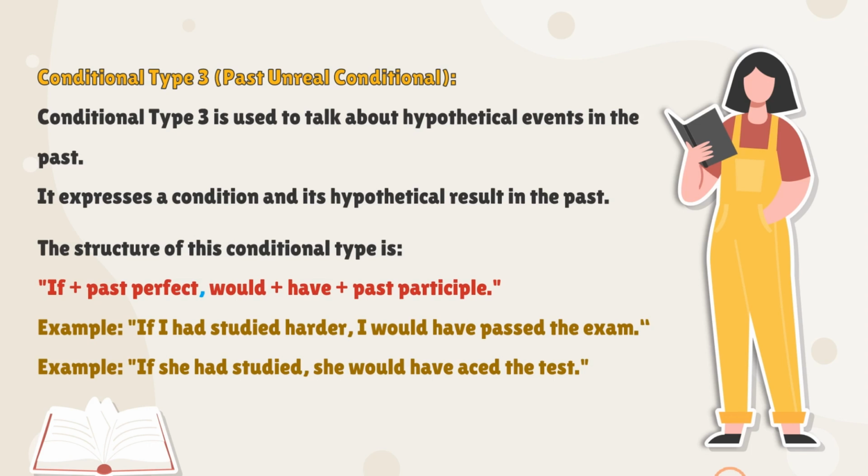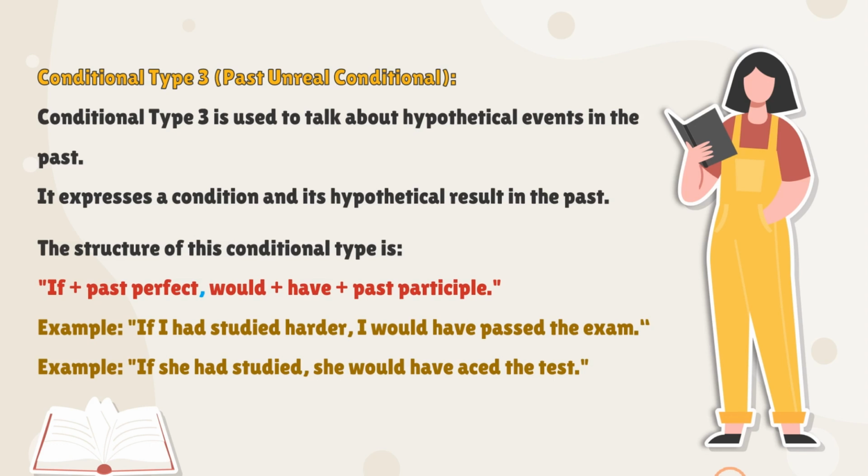To clarify, let's look at the examples. If I had studied harder, had studied, past perfect. If I had studied harder, I would have passed the exam. Next example, if she had studied, she would have aced the test.